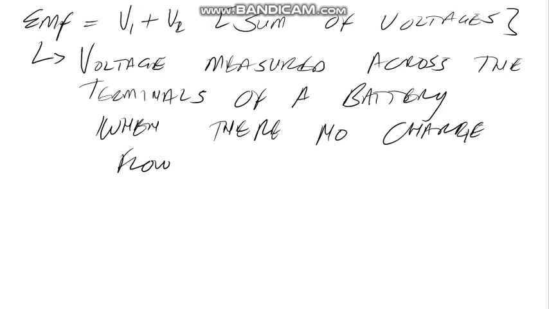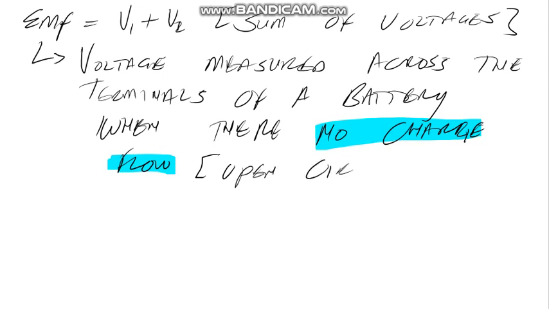So what they mean when they say there is no charge flow, you can simply replace that with an open circuit. When they say a circuit is open, it means it is not complete.